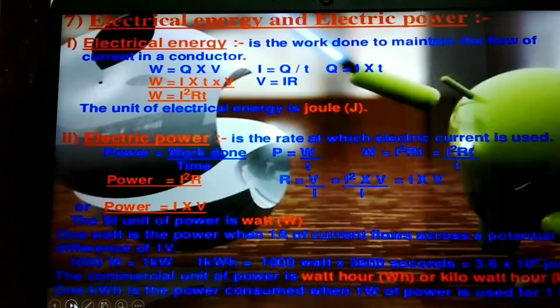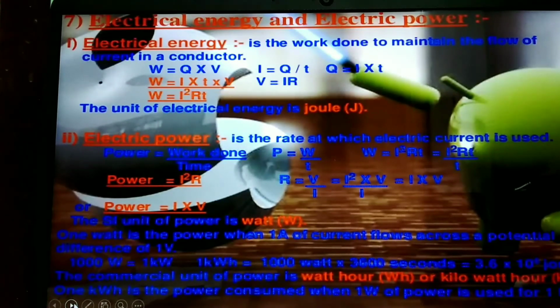Coming to electric power, it is the rate at which electric current is used. Power = work by time. P = W/T. Since W = I²RT, P = I²RT/T. That implies P = I²R. R = V/I, so by substituting, P = VI.